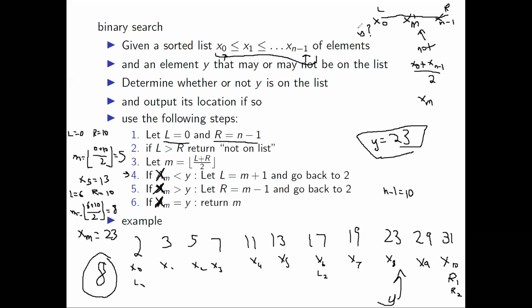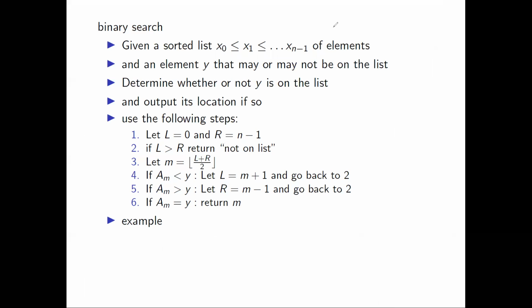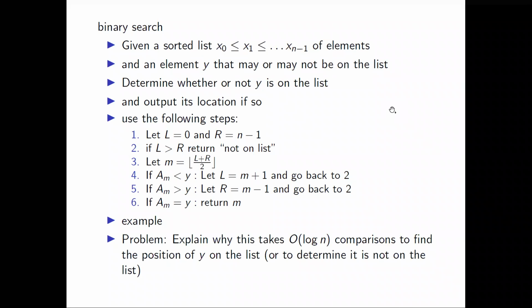And I'll let you think about what happens when the number is not on the list and why it terminates in that case. And here's a problem for you to think about. Explain why this algorithm, given this list of length n, takes big O of log n comparisons to find the position of y on the list or to determine that it's not on the list.